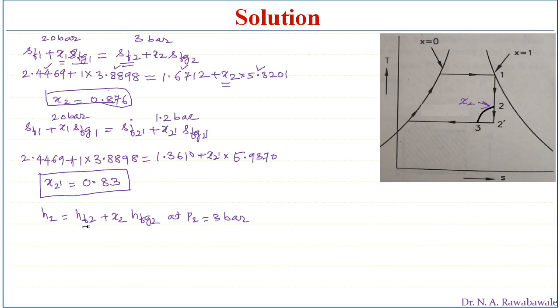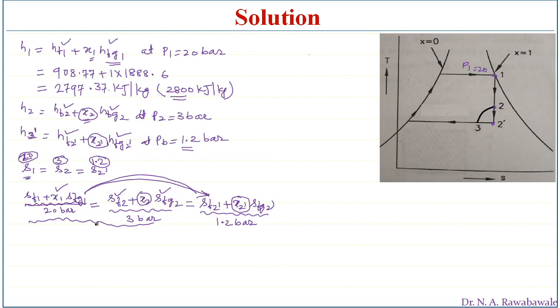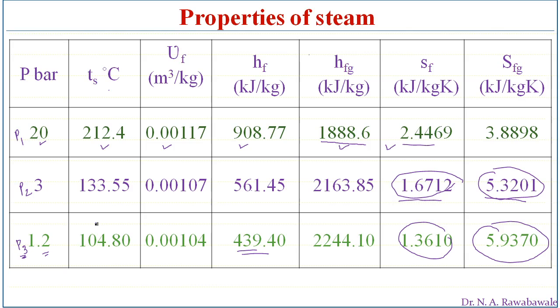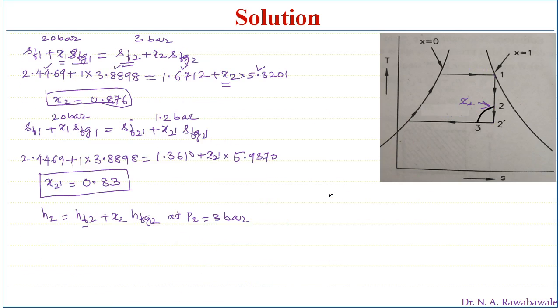These values we take from the steam table at 3 bar: enthalpy of liquid is 561.45, h_f2, and this is h_fg2, 2163.85 at a pressure of 3 bar.